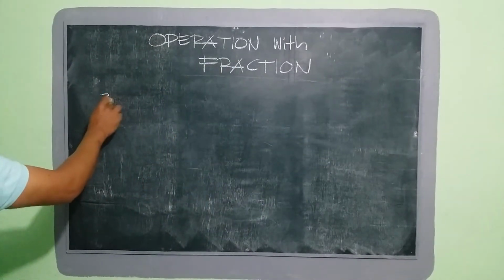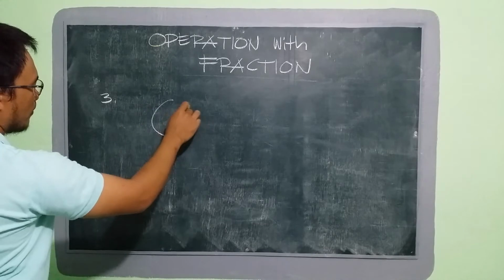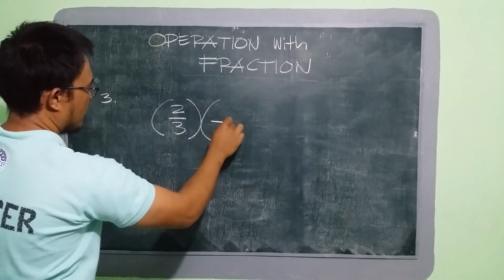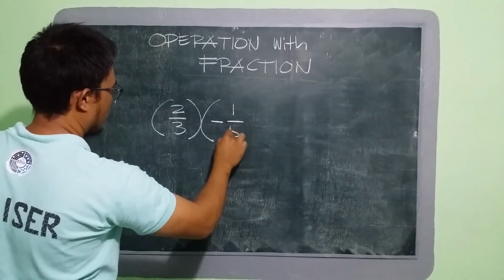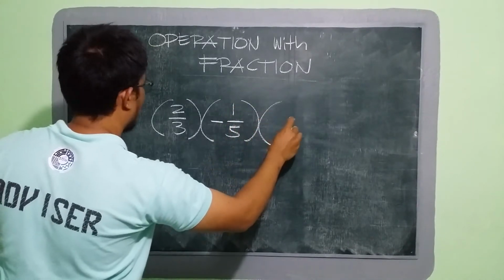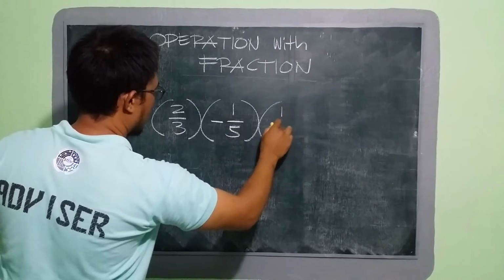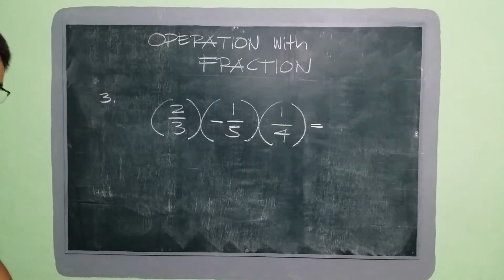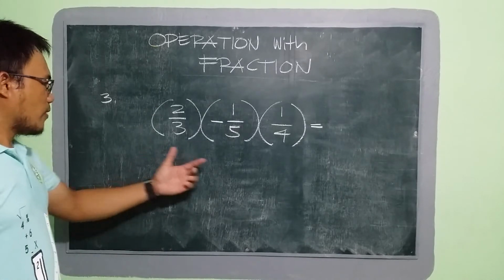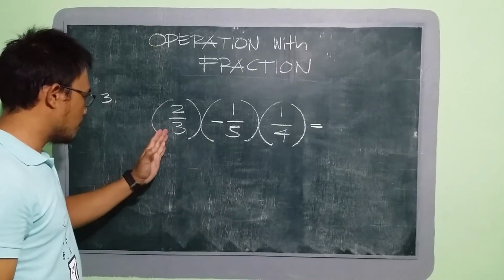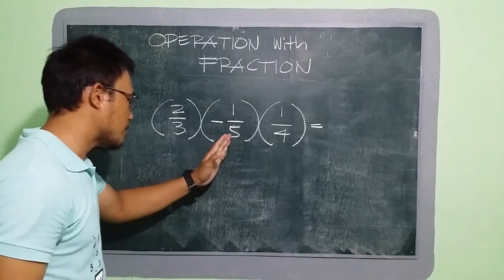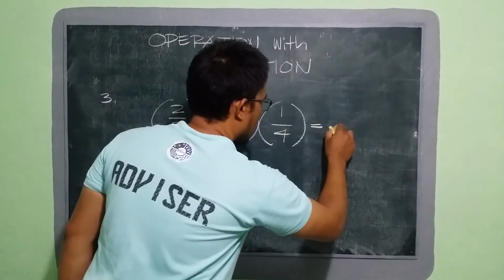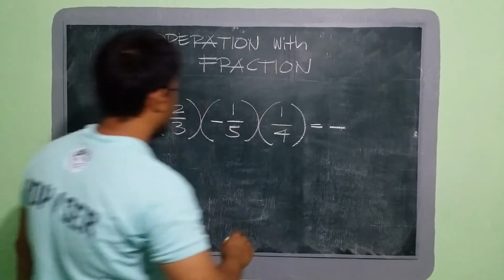Example number 3. Now this time we're going to multiply 3 fractions. So let's say negative 1/4. Since one of the fractions is negative, the result will be negative. We know that the answer is already negative.